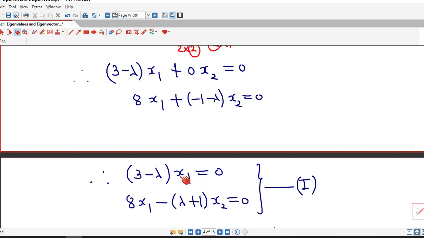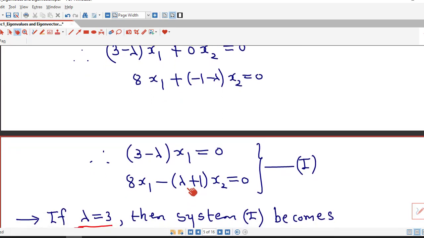We are interested in non-trivial solutions of this system, and the eigenvalues lambda equal to 3 and minus 1 are obtained in such a way that this system always has non-trivial solutions. Now we solve this system for lambda equal to 3 and then for lambda equal to minus 1.